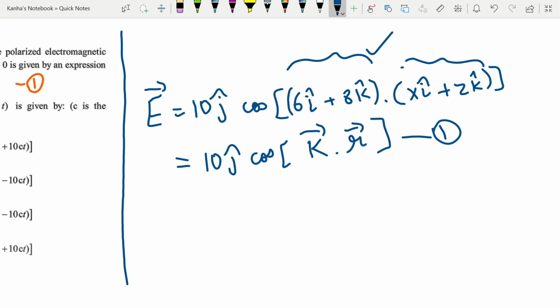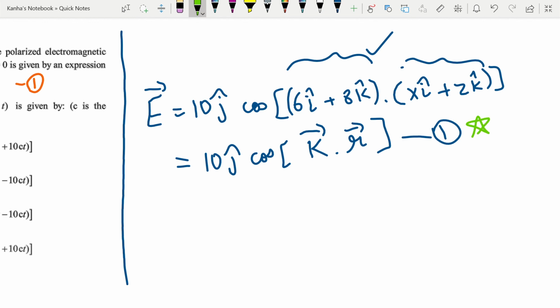And what is the direction of the wave? This k cap gives you the direction of the wave. So this is the dot product form of waves. This was not mentioned in the notes before. That is why I want you to take a note of it.